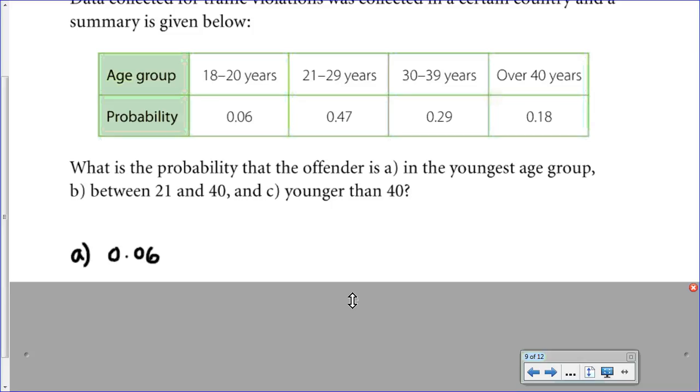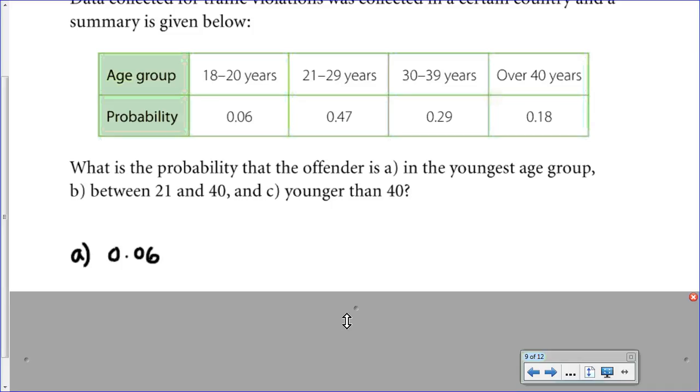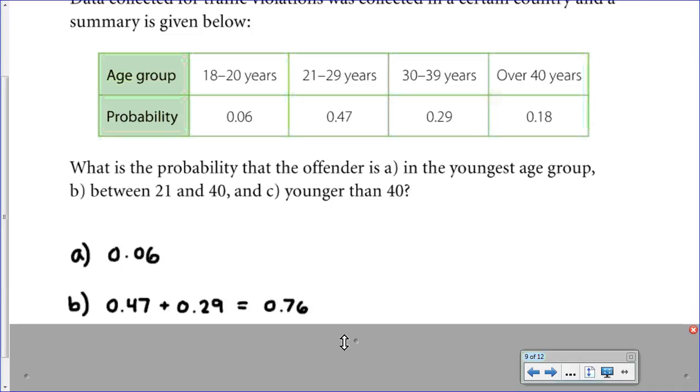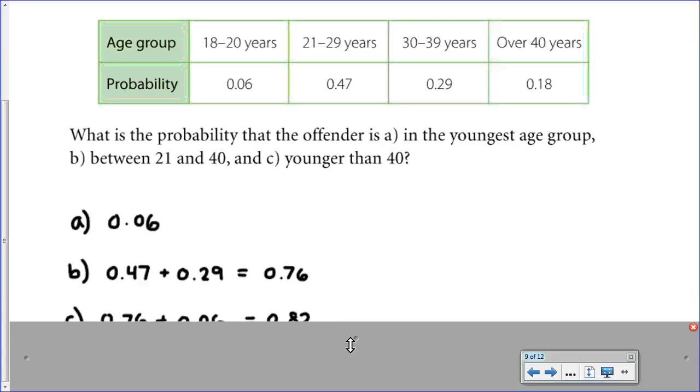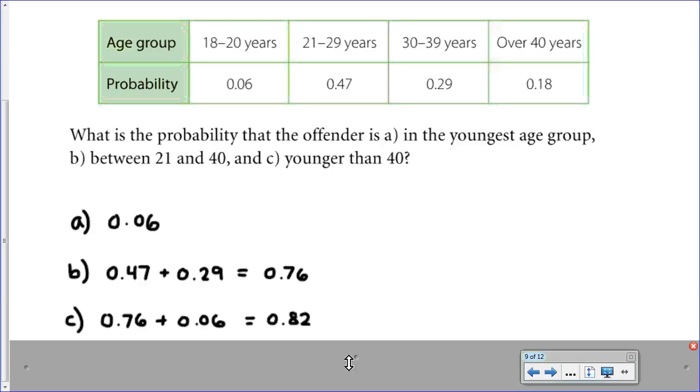Because they're mutually exclusive, I can just add those two probabilities together to get the probability of being in the 21 to 40 age group, which is 0.76. And the last one, the probability of being younger than 40, includes the first three groups' probabilities. So basically the total from part B plus the added 0.06 for a 0.82 probability. We are allowed to add the separate probabilities together because these are mutually exclusive.